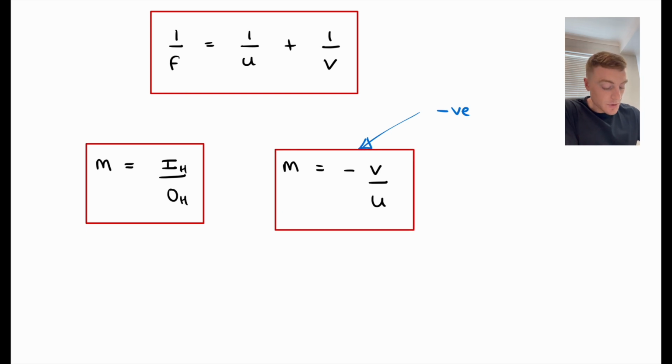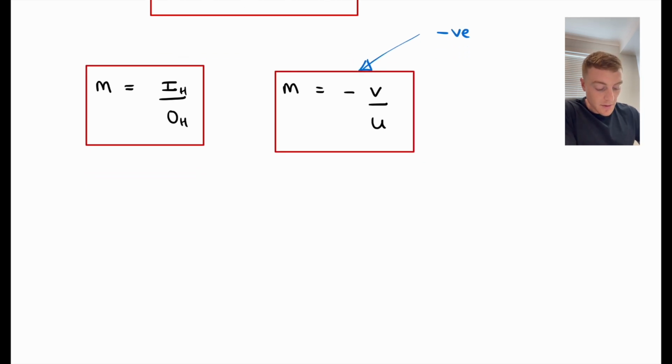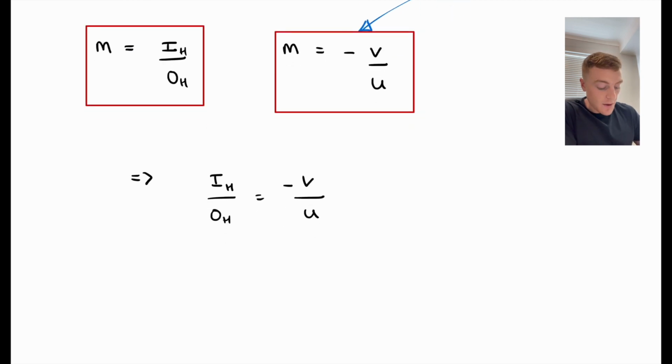Okay, so now we've got those two formulas, well, what we can then do is combine them together. We've got m on both sides. So that must imply that image height over object height is equal to negative v over u. Okay, and then from there we can make a few rearrangements.